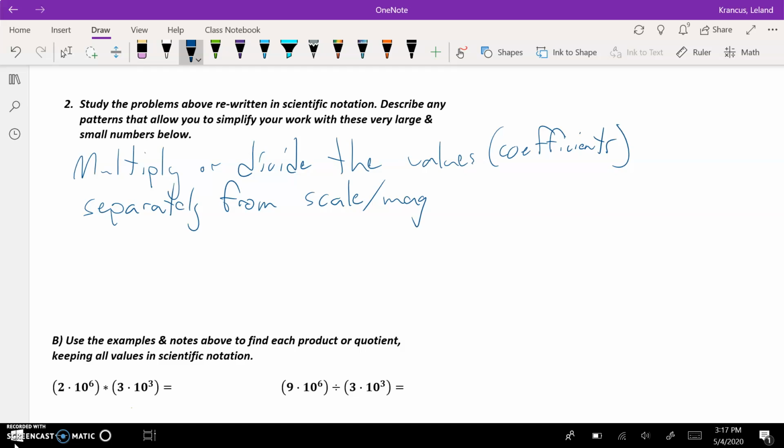And that's the base 10 part. The exponential piece of the number can be dealt with separately. So that's anything that's 10 to a power. And so it's these numbers here where you can use the multiplication or division shortcuts.